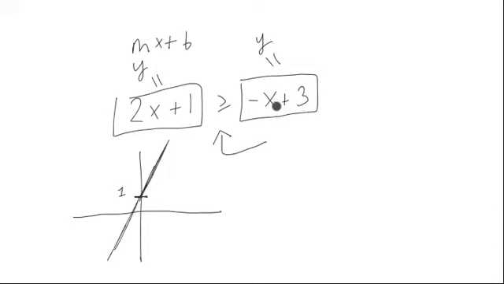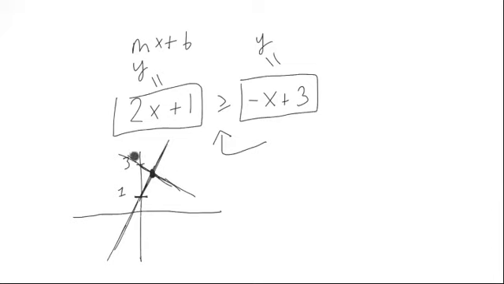This one right here has a y-intercept of 3, and then we're going at a slope of -1 down like this. And we end up having an intersection right around here or somewhere thereabouts. Maybe this is a little lower, but something like that.